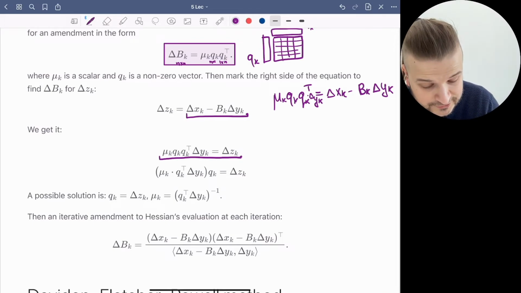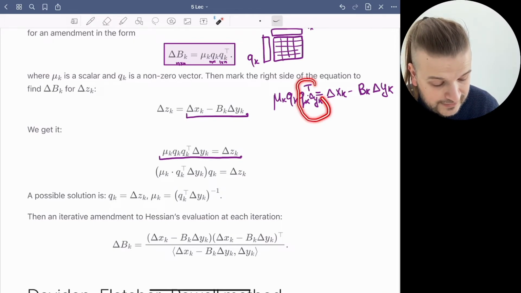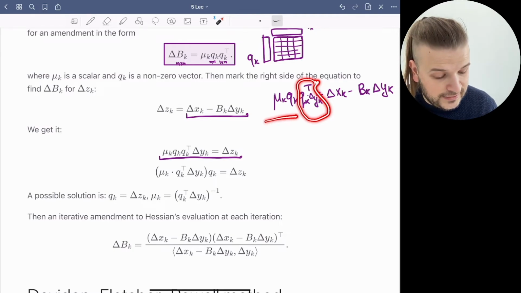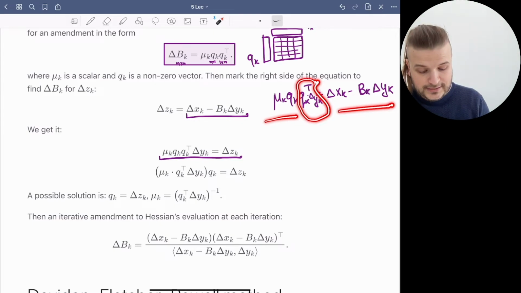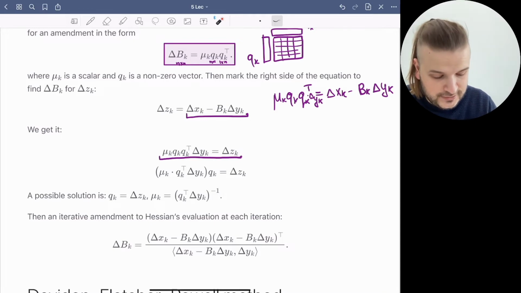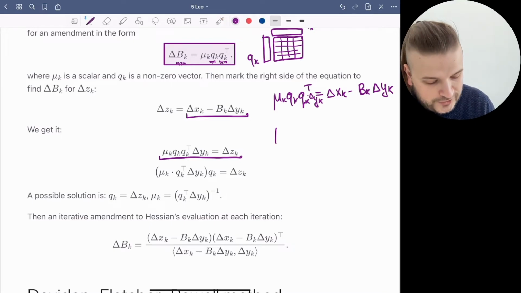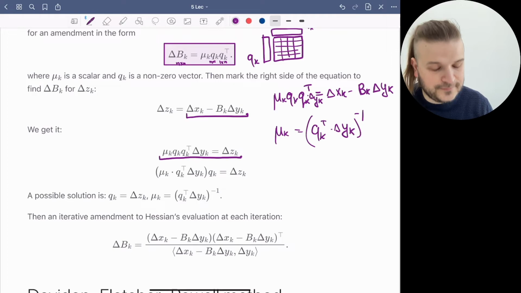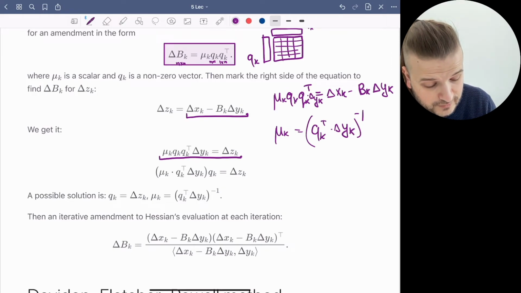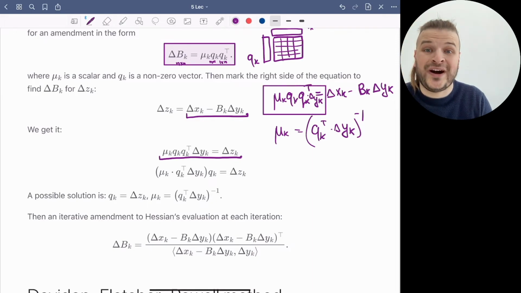And it's interesting, if we take a look, here we have a scalar, and that's a vector, and that's a vector. And one possible solution here is, what if mu k will be qk transpose times delta yk, to the minus 1, an inverse, which means that this whole expression will be just 1?